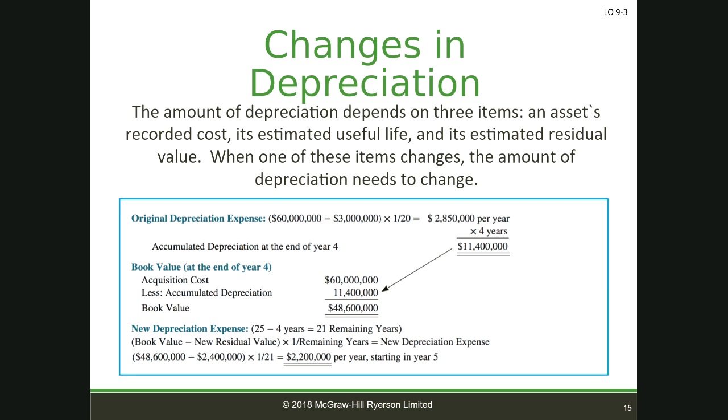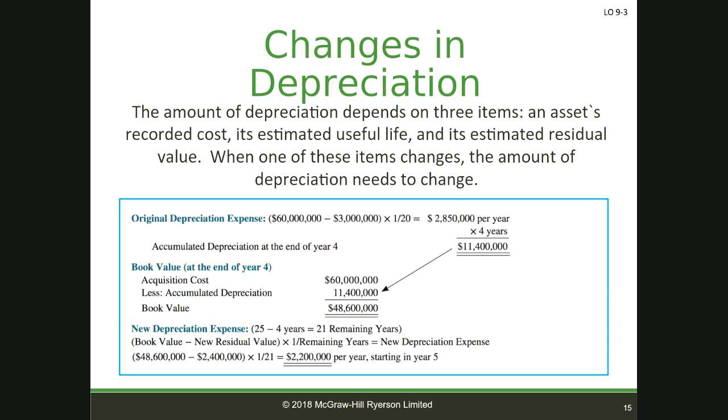We do not go back and change prior year depreciation, because for the 4 prior years, the depreciation was recorded using our best estimate. There's no need to go back and change the information because at the time, the information was correct, as was the $2,850,000 in depreciation as we originally calculated.